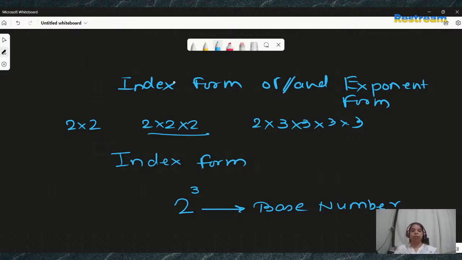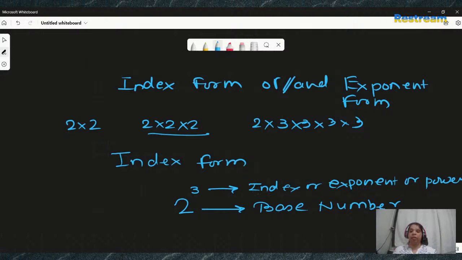Okay. So now going forward, 2 is the base number, 3 is the index or the exponent or power. What it literally means is 2 is multiplied to itself 3 times.